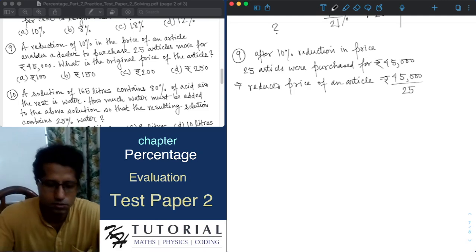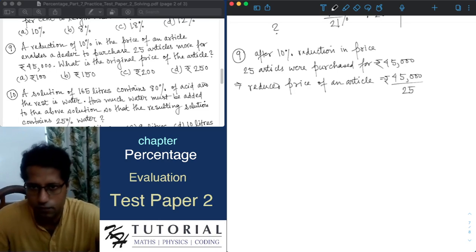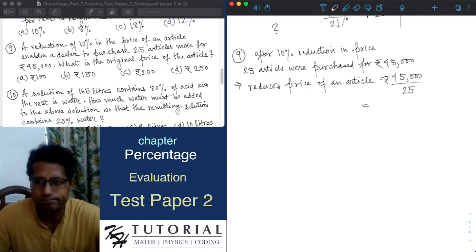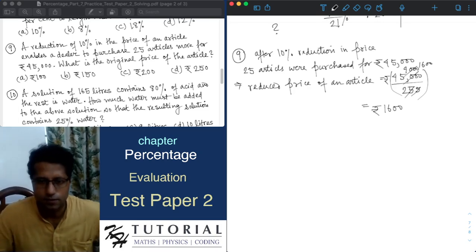So the cost of one article after the reduction of price will be rupees 45,000 divided by 25, and if we simplify this, the cost of an article after the reduction of price is rupees 1800.